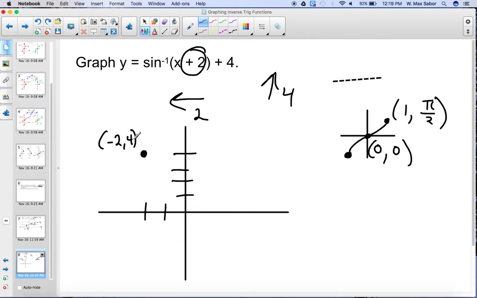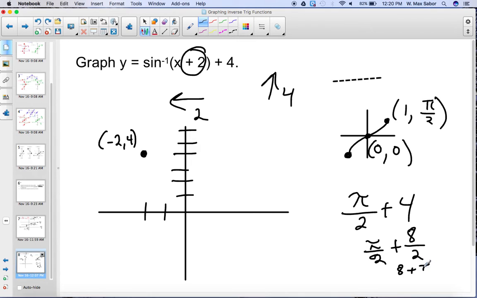But pi over 2 plus 4 is not exact. So we're going to be adding pi over 2, and we're adding 4 to shift it up. Common denominator would be 2. So pi over 2 plus 8 over 2, so 8 plus pi over 2.